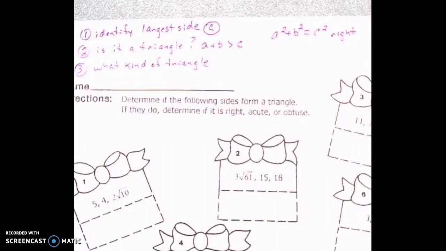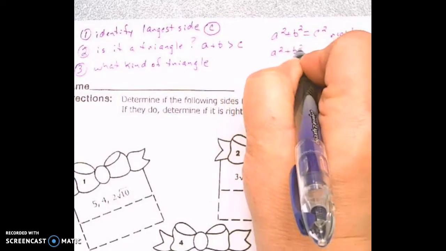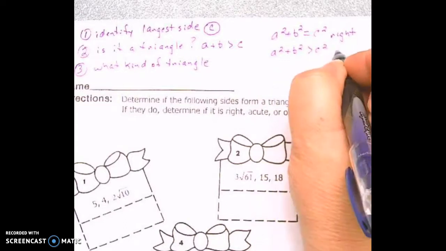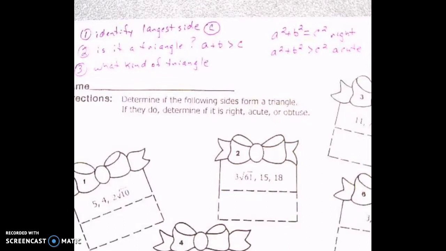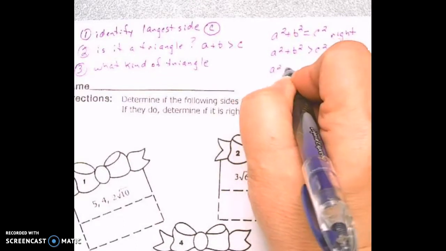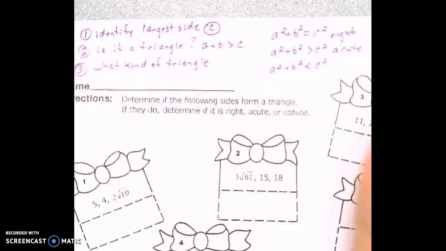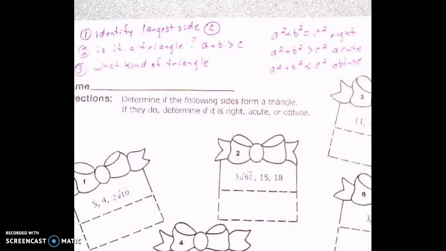Remember, we also did the inequalities back last semester, where if I have my a squared plus my b squared together, and it's bigger than the c squared by itself, I know I have an acute triangle. And lastly, if my a squared plus my b squared together is smaller than my c squared by itself, I know I have an obtuse triangle. So we're looking at those kinds of triangles.